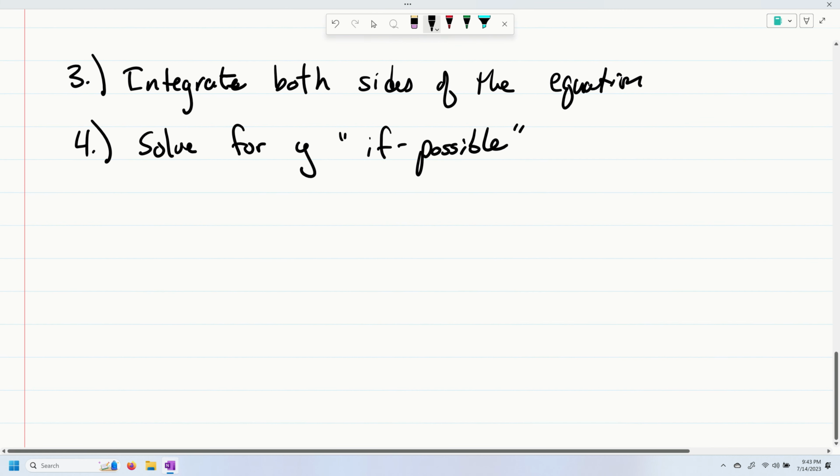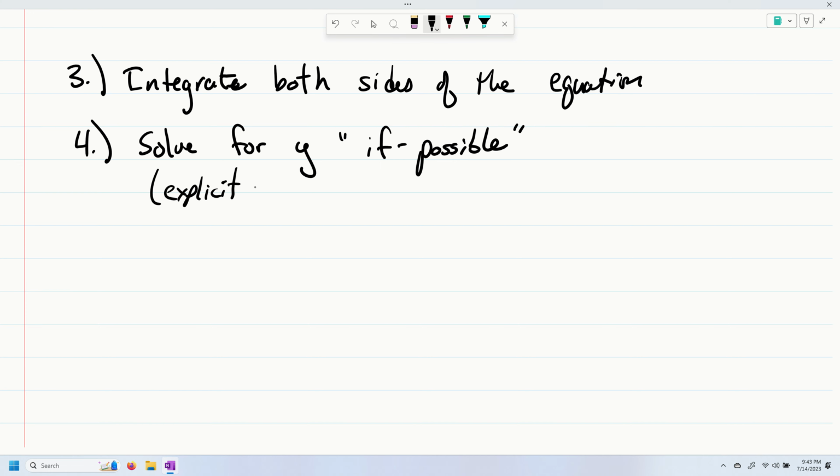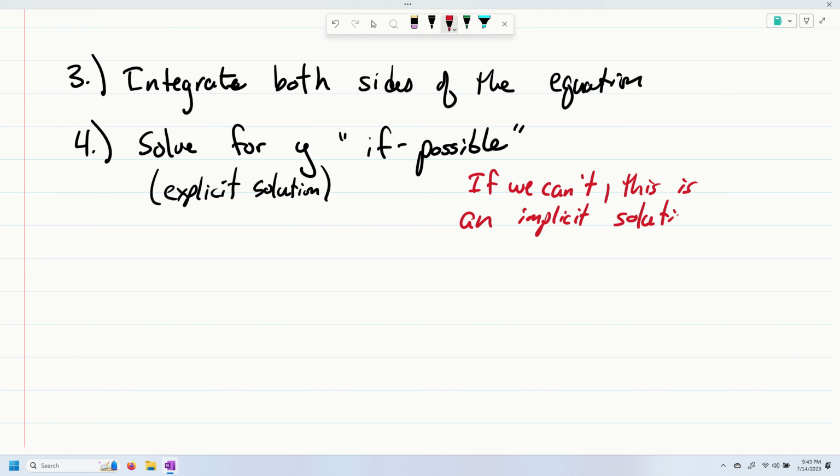If you can solve for y, that is called an explicit solution. If we can't, this is called an implicit solution. You should remember those terms from when you were learning derivatives in Calc 1, where you have explicit differentiation and then implicit differentiation.